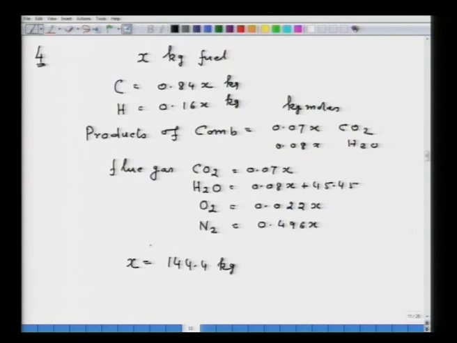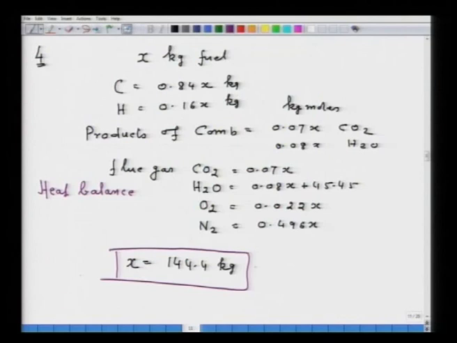Prior to that you have to perform the heat balance, and in the heat balance you will be including terms like heat of decomposition, heat taken by flue gas, which will be in terms of x, then heat taken by Al2O3. So, if you do all that and do the balancing, then the answer will be 144.4 kg, and that is what about the calcination.